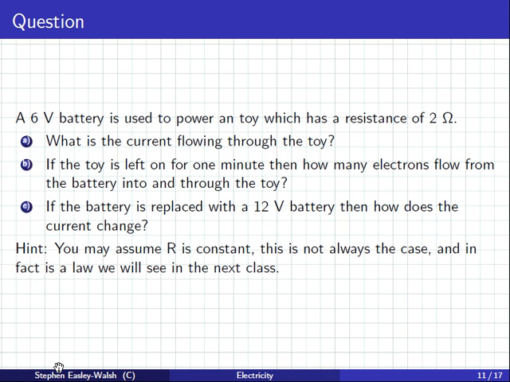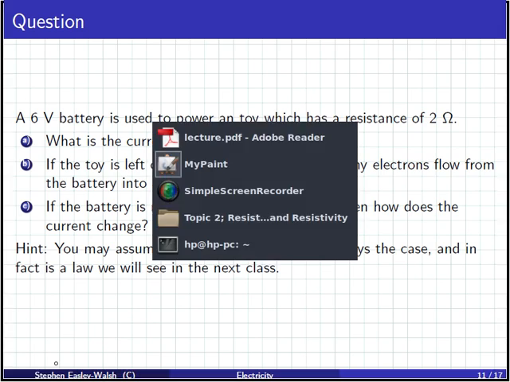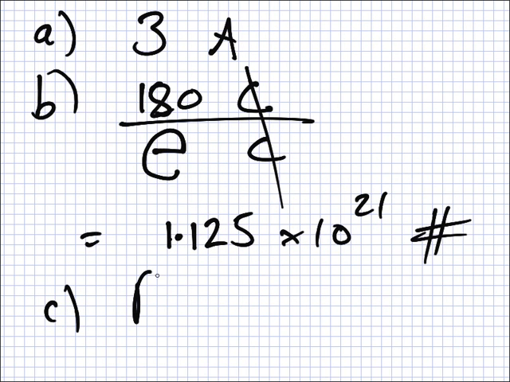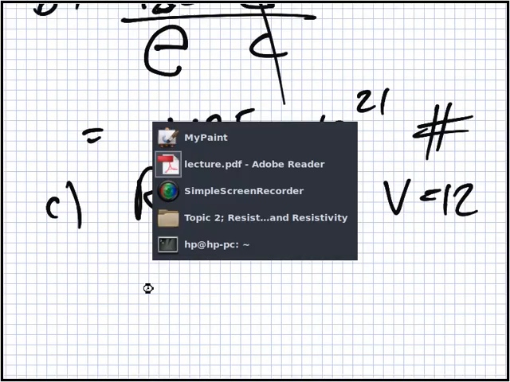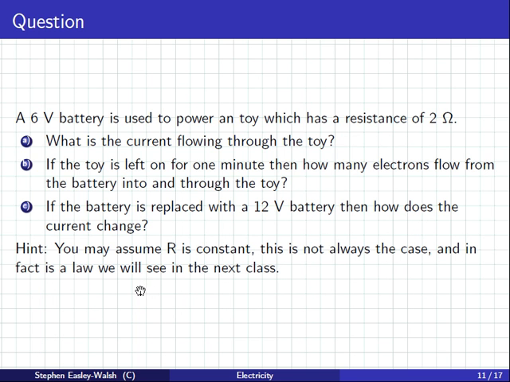And finally, if the battery is replaced by a 12-volt battery, then how does the current change? Hint, you may assume R is constant, but this is not always the case. In fact, it's a law that we'll talk about later. So if the R is still 2, and we have our triangle VIR, and the V is 12, what am I looking for?